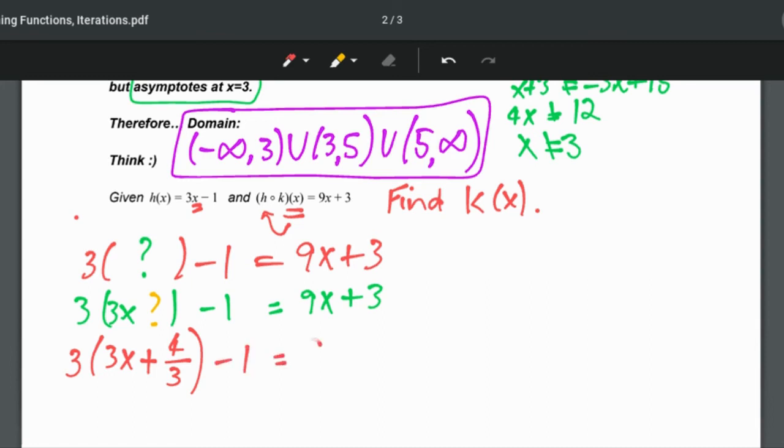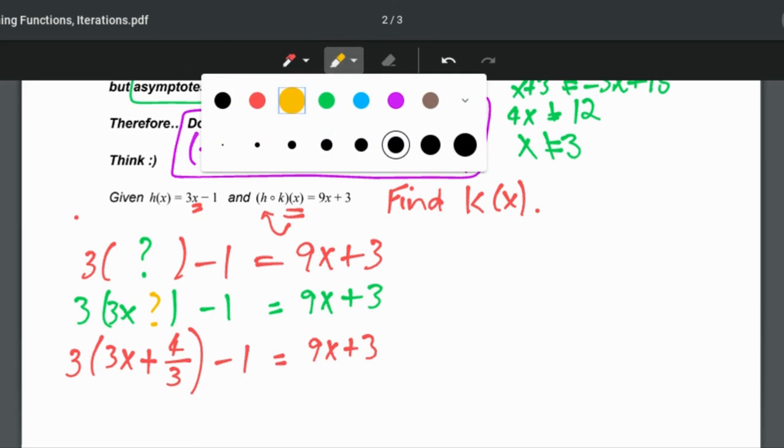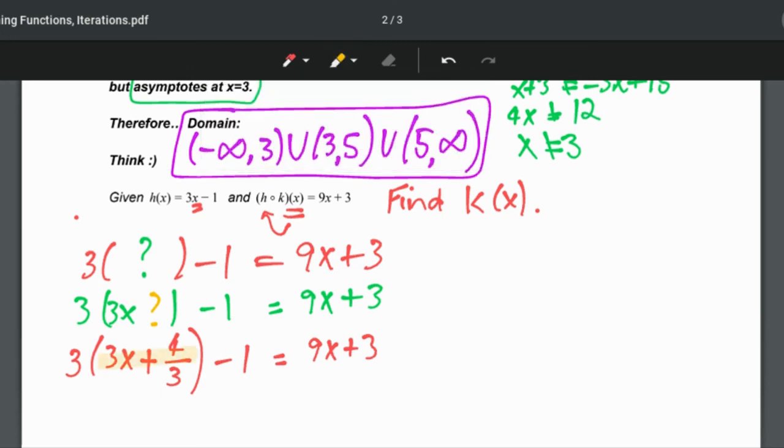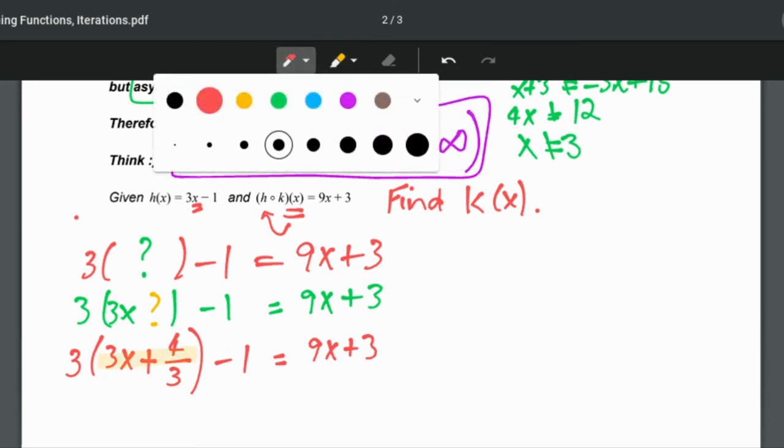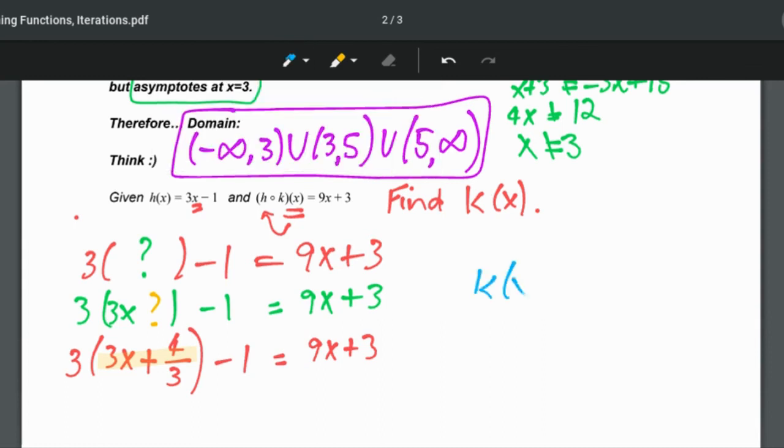All right, so I think I've figured it out. So this is my solution for what is k of x. Well, k of x is equal to 3x plus 4/3.